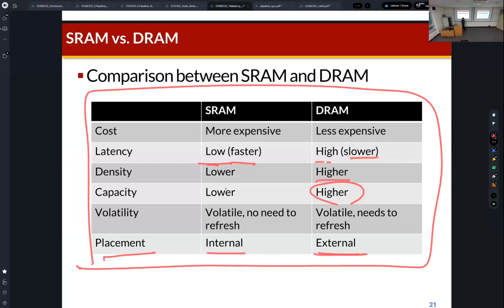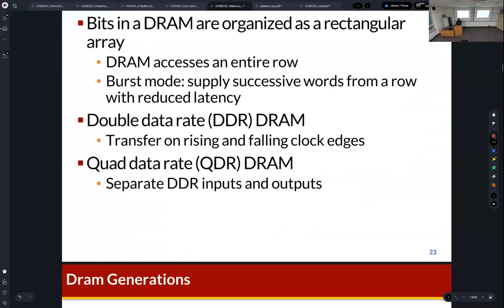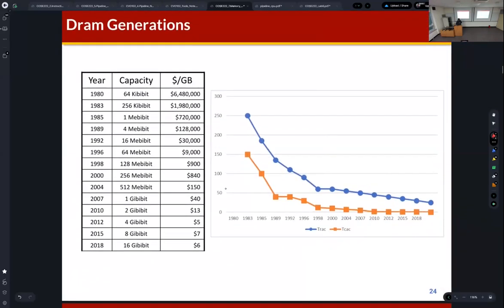If you compare the SRAM and DRAM, we can use the SRAM device for the faster memory, and the DRAM device for some slower memory. I will skip this part and this part. With the advance in semiconductor technology, the DRAM capacity has been increased.